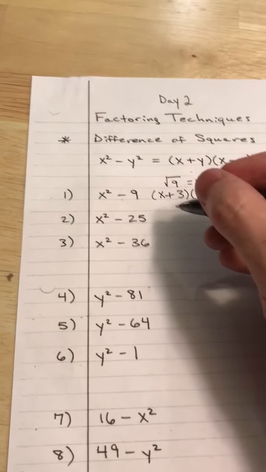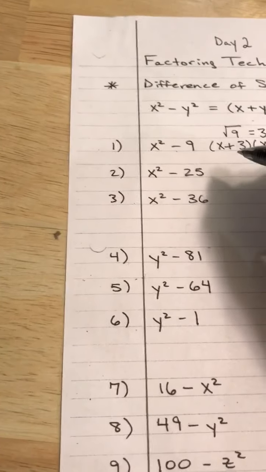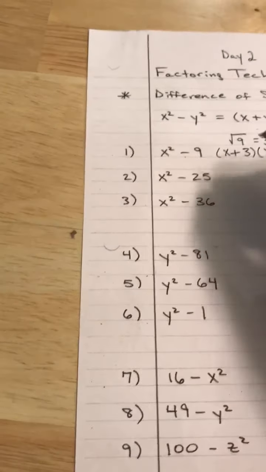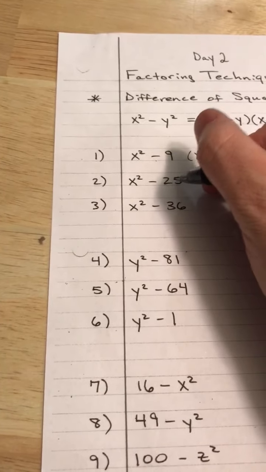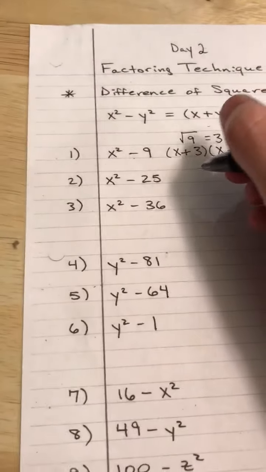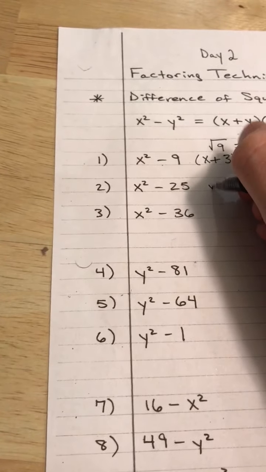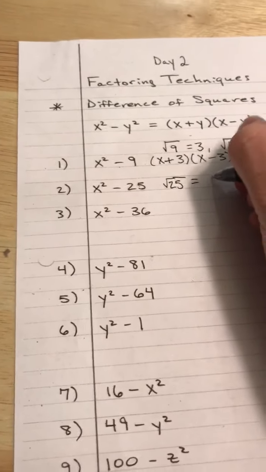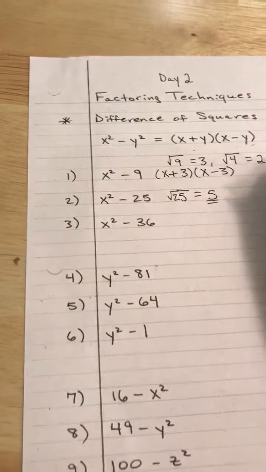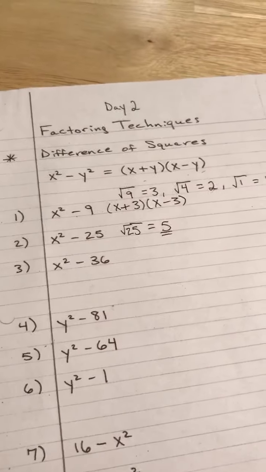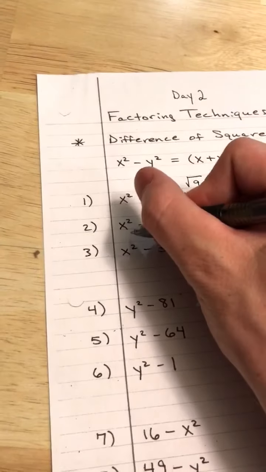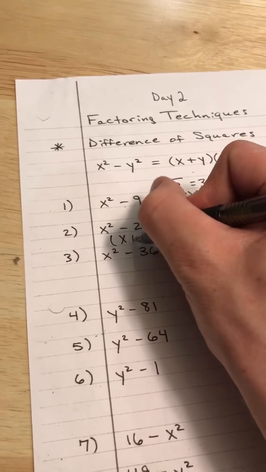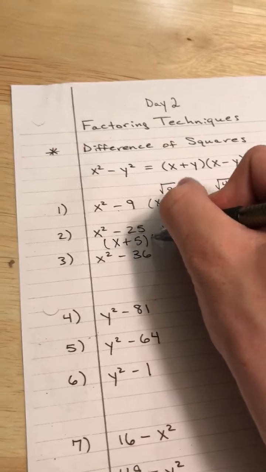Okay? Let's try number 2. X squared minus 25. So to factor this, I need to find the square root of 25. Well, I know that the square root of 25 is going to give me 5, right? So this is the number that I'm going to use. So the way I'm going to write this one is x plus 5 and x minus 5.